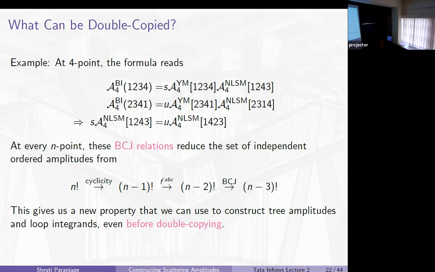You still have this structure where you're summing over N's, C's over some propagators. And then the corresponding gravity amplitude, both at tree and loop level, is you take the color factors and replace them by kinematic factors. So you get this.